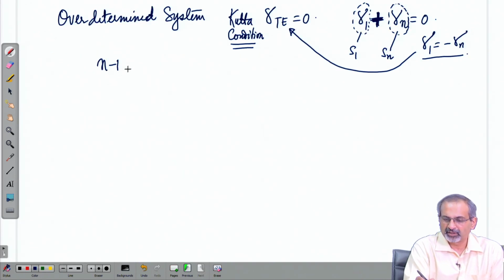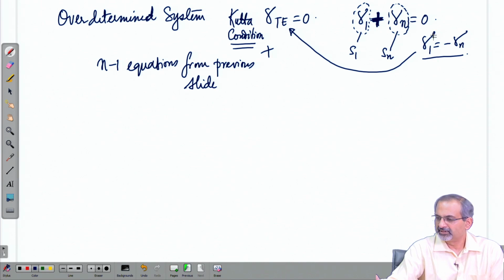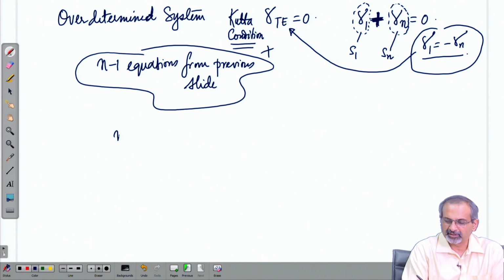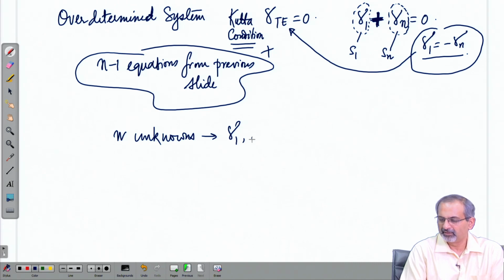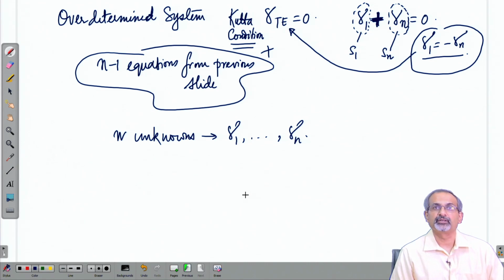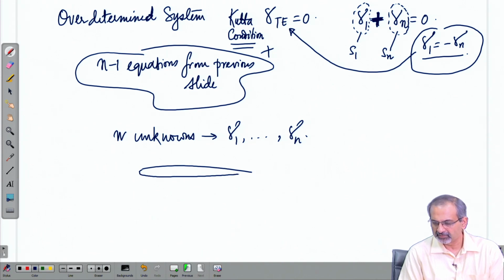So, n minus 1 equations from previous slide and the Kutta condition equation, which is basically this equation, ought to be solved in order to solve for the n unknowns, which means gamma 1 to gamma n. So, that is the procedure that we follow in order to solve for it. Once we are done with the solution, let us see what we have. This is your airfoil, these are the panels, each one of them have a gamma associated.